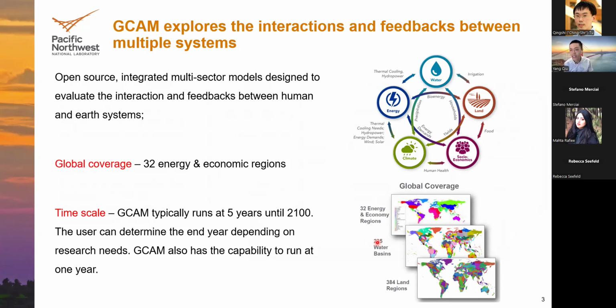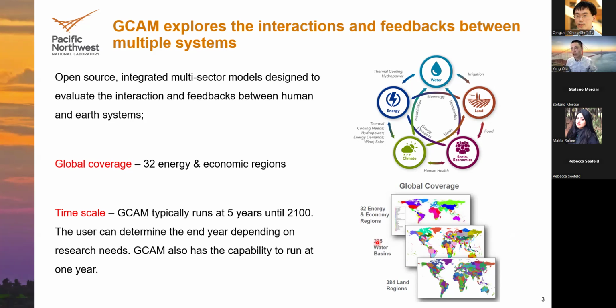So GCAM is an open source integrated multi-sector model that aims to evaluate the interaction between different human and Earth systems. In GCAM, there are several major sectors, including water, energy, land, socioeconomics, and climate.